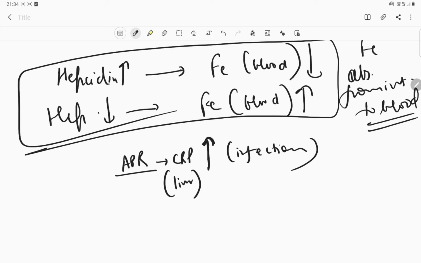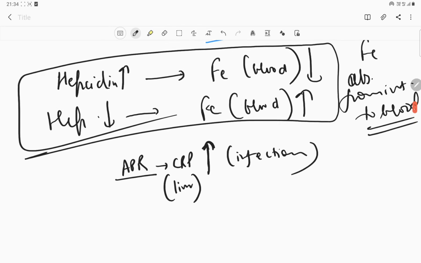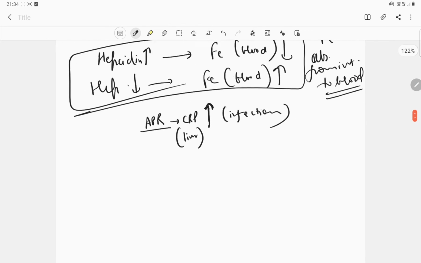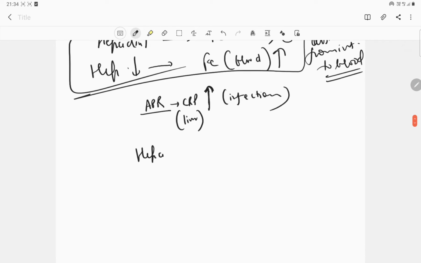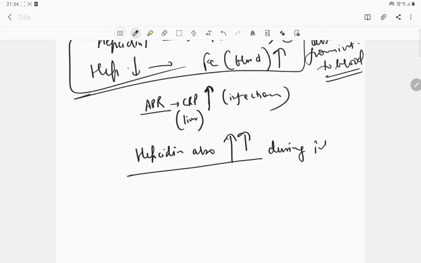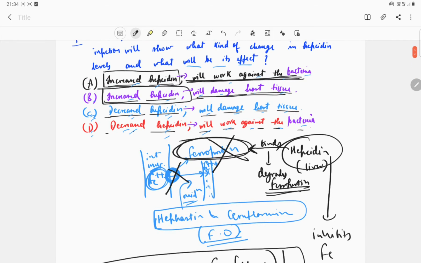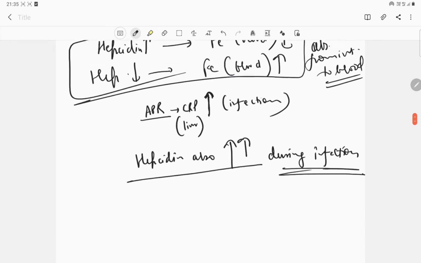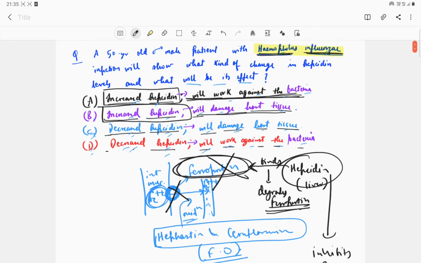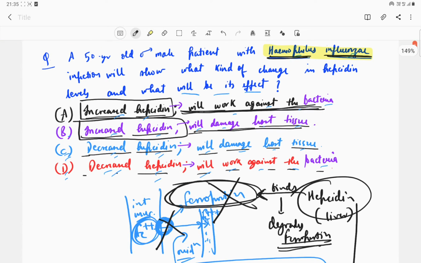The positive acute phase reactants increase during infection. Like these, the hepcidin level also increases during infection. Thus, we know as a fact that hepcidin increases during infection, and this helps us eliminate two options from this question. So, decreased hepcidin is wrong.